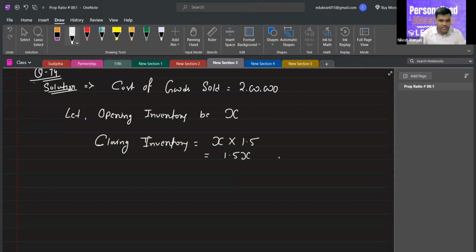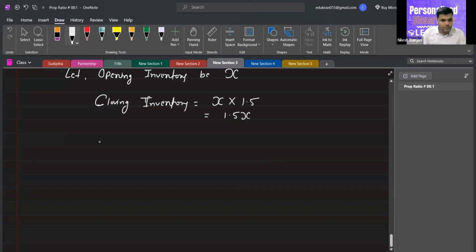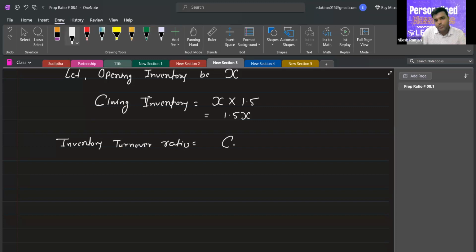But there is another method. We will use the inventory turnover ratio formula. Inventory turnover ratio equals cost of goods sold divided by average inventory.